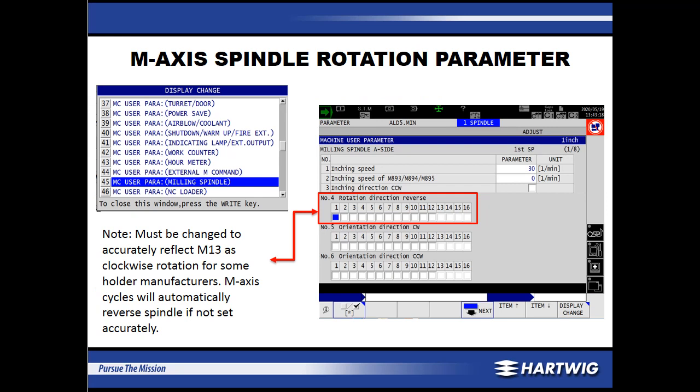So even if you tried to use M14 to run the spindle the proper direction, as soon as you go to use a fixed cycle, such as G181, to drill a hole, the machine will rotate the spindle back to M13, breaking your drill if you do not reverse the direction of rotation on this parameter here. Again, you just check mark the station of which the tool is mounted in, and then the machine's ready to run.